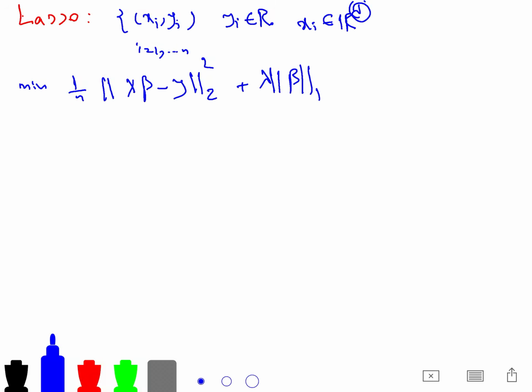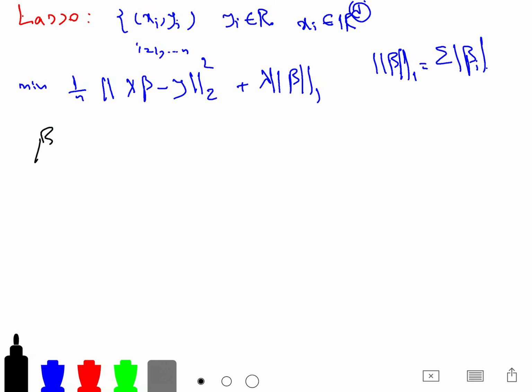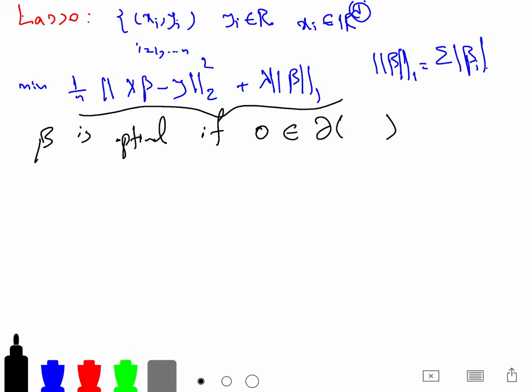The L1 norm is just the sum of absolute values. So beta is optimal if 0 is inside the subdifferential of this function. We just calculate that and say 0 should be inside.